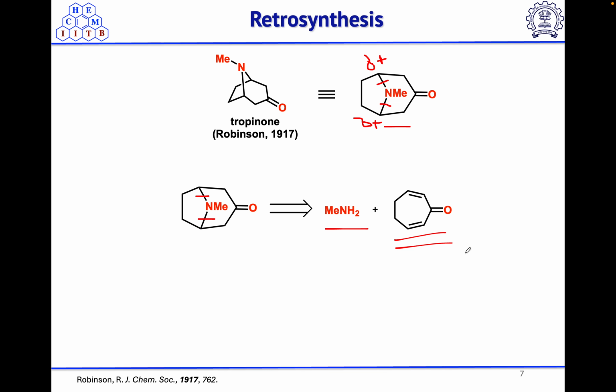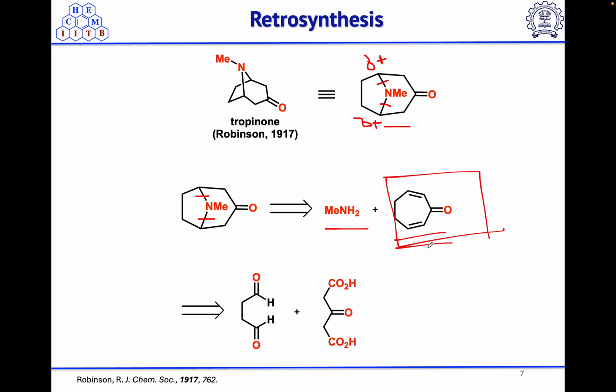So any doubt in this slide, you can ask. Okay, so move to the next retrosynthetic plan for this molecule, how we can synthesize this molecule. So this is a symmetric molecule now.